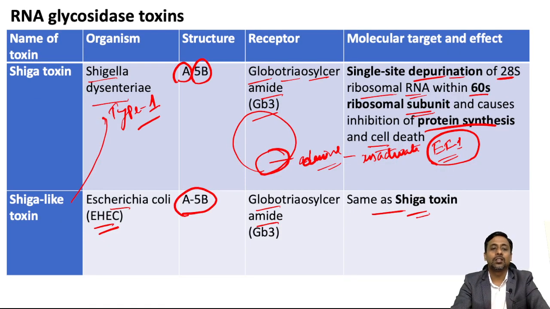So what are the toxins which inhibit protein synthesis? The first ones are shiga toxin and shiga-like toxin, which indirectly prevent EF1, the elongation factor 1, which is responsible for binding of amino acyl tRNA with the ribosome, but this occurs by inhibition of the 60S ribosomal subunit.